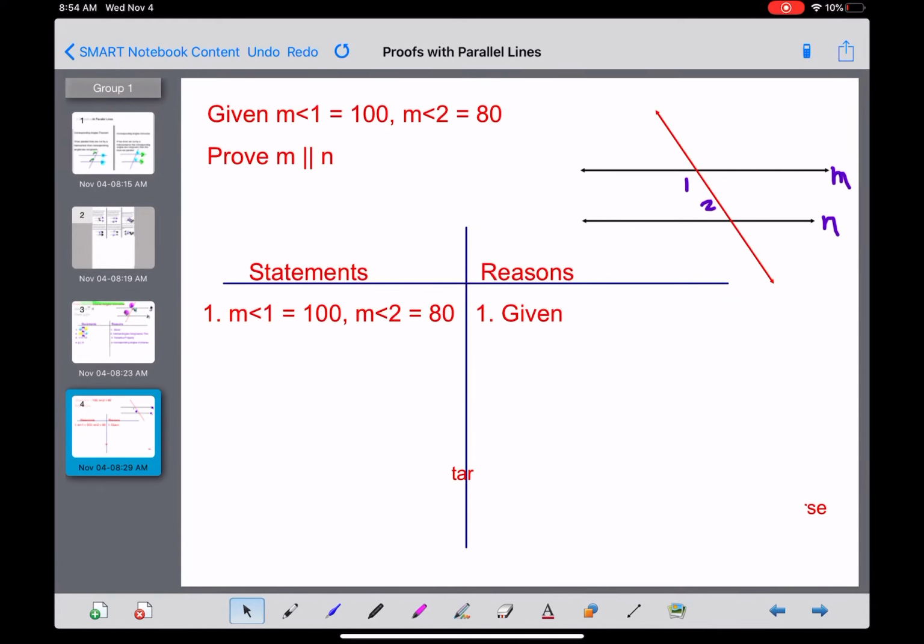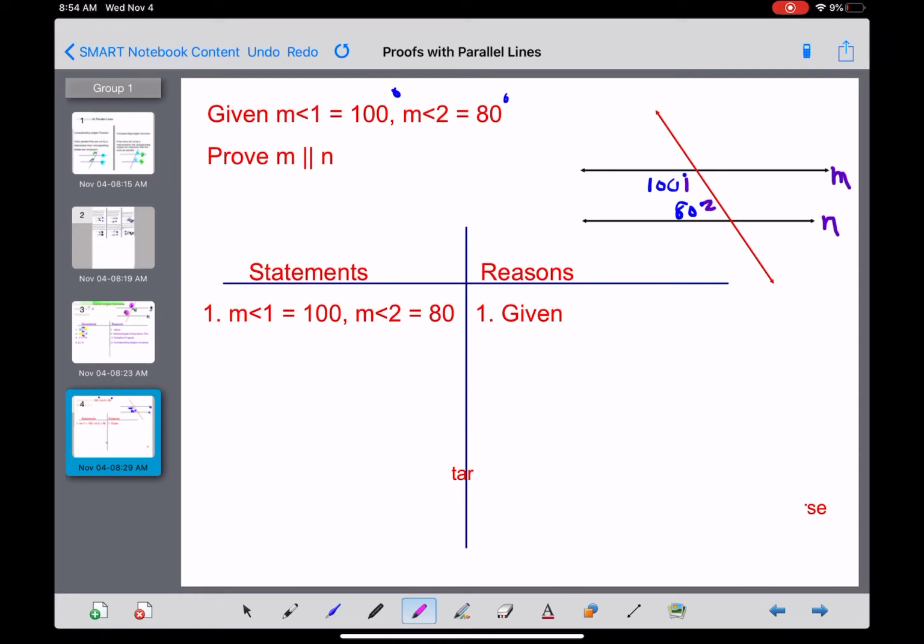In our last proof, we are given that the measure of angle 1 is 100 degrees, and the measure of angle 2 is 80 degrees. And we want to show that line M is parallel to N. If we're thinking a little bit about this before we start, 100 plus 80 is 180 degrees, which is supplementary.